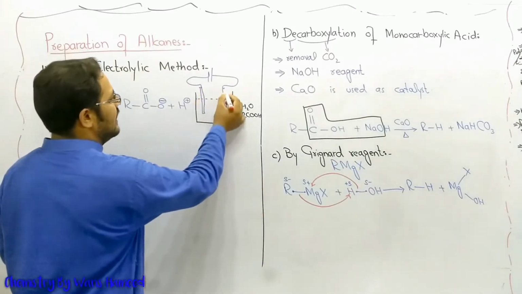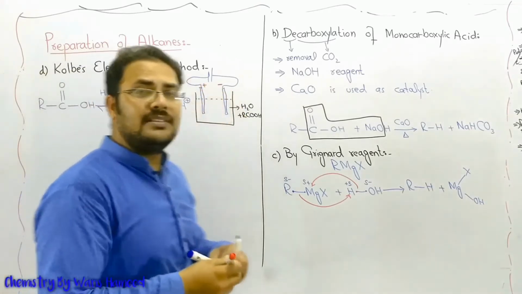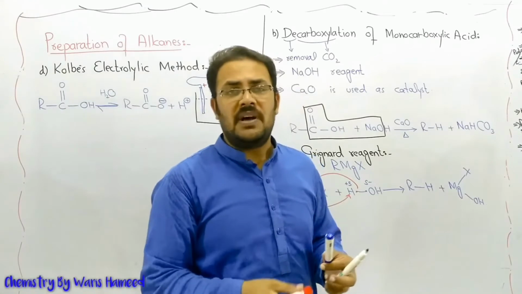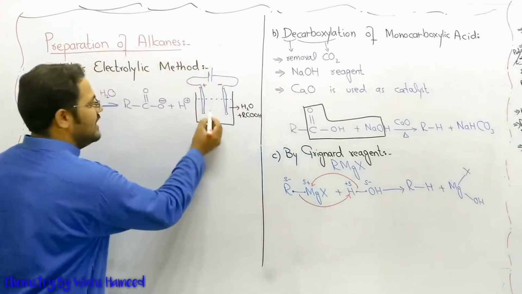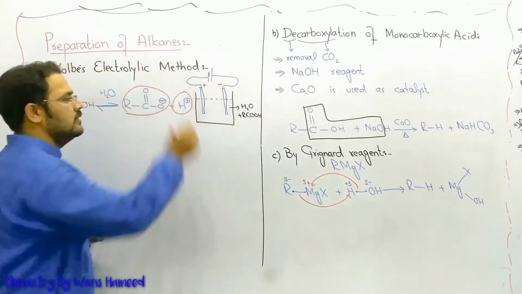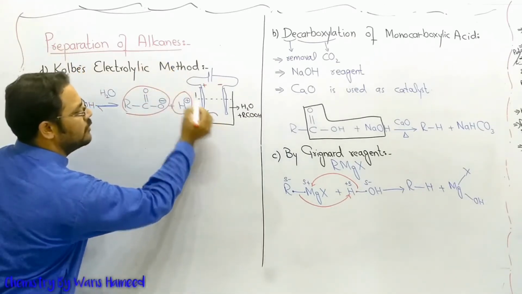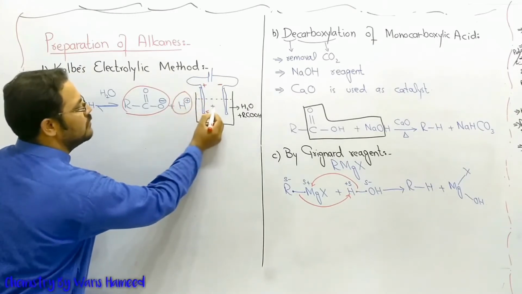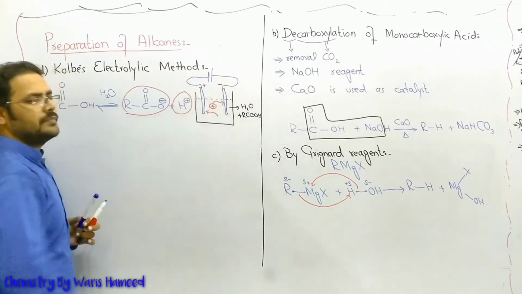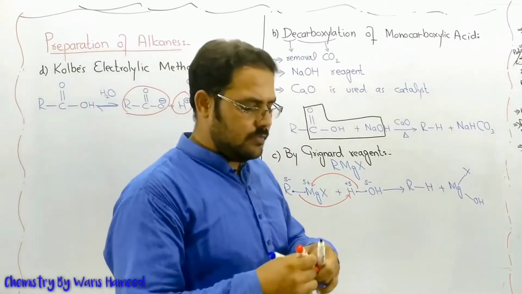Cathode is negatively charged and anode is positively charged. Now these negative ions will move toward anode and these positive ions will move toward cathode.